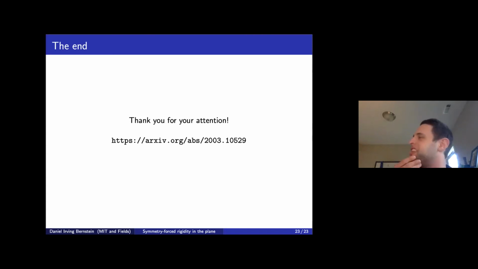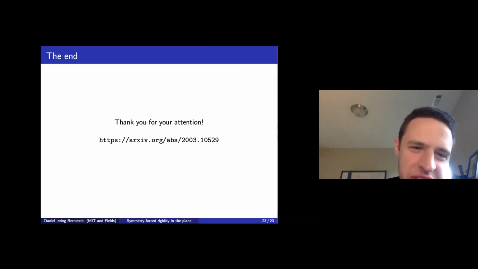I guess the co-circuits of the rigidity matroid are going to be sets such that if your graph is rigid, you have to have some edge from that set. I don't know of a great intuitive interpretation of that off the top of my head.